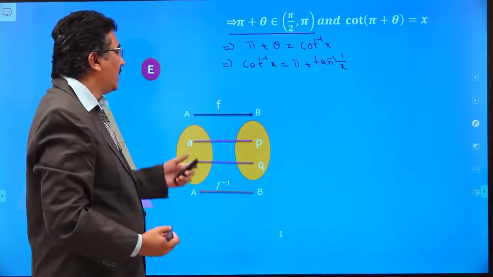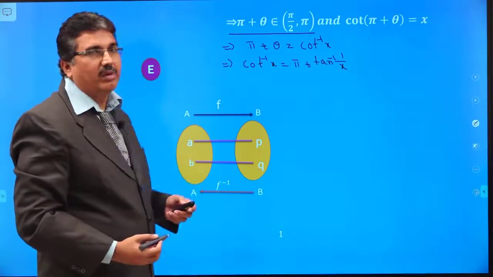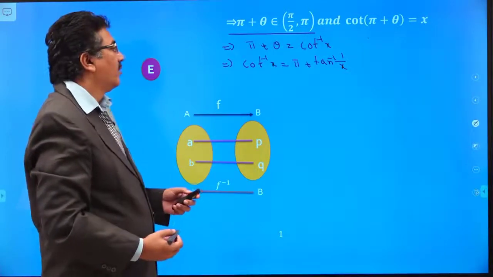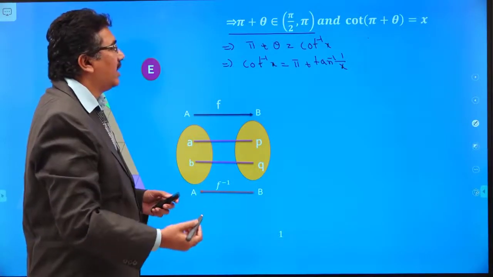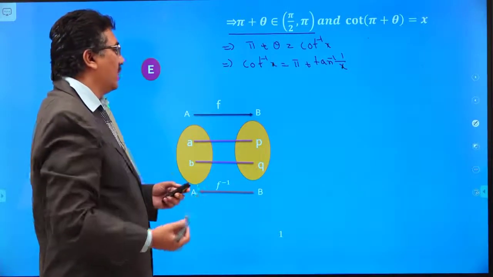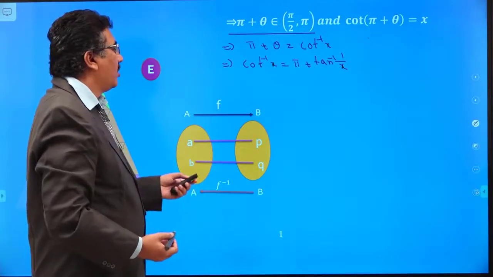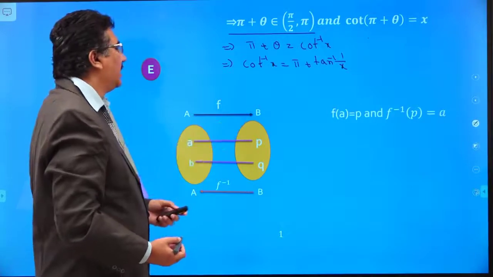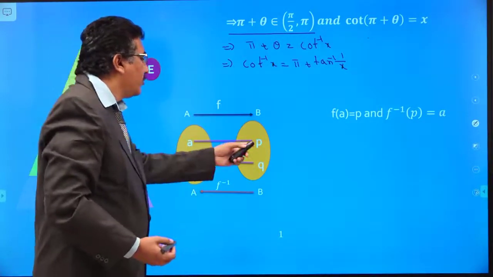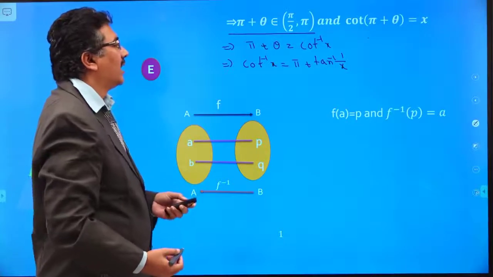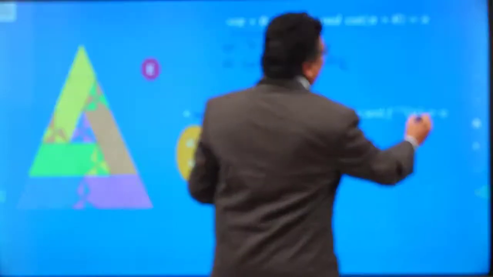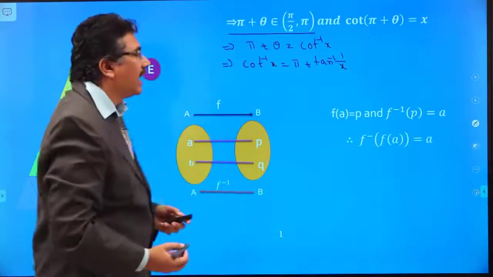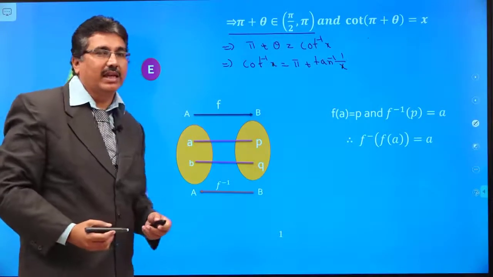Now, what is the value of f inverse of f of x? From the diagram, f of a is equal to p and f inverse of p is equal to a. Substitute the value of p in this, we get f inverse of f of a is equal to a.